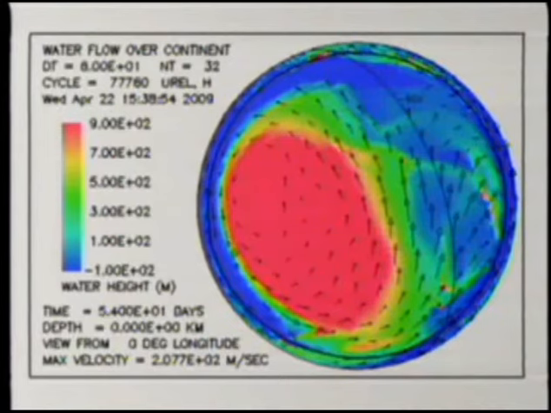So the maximum value is 900 meters, which is approaching 3,000 feet, and the minimum shown here is 100 meters, about the original surface height of the continent. And so the velocities are going to be on the order of a couple of 100 meters per second.